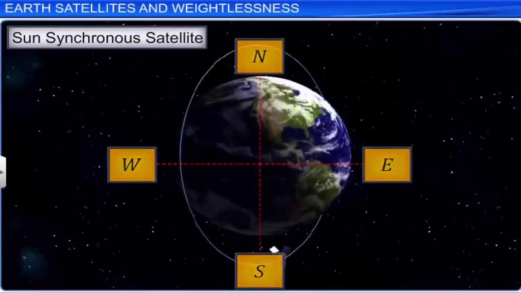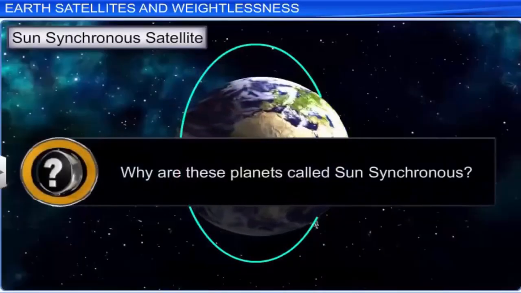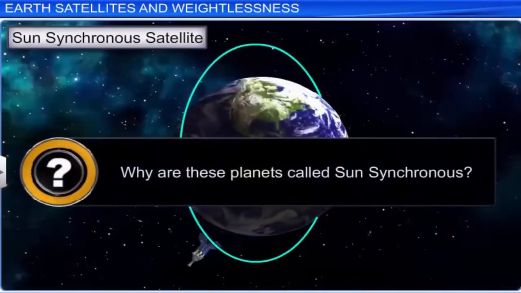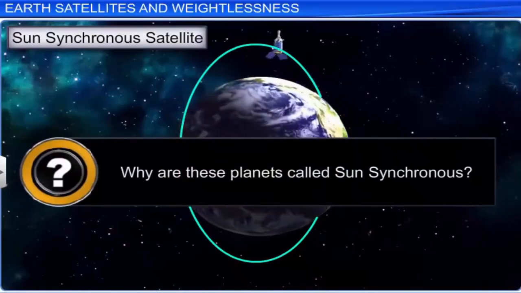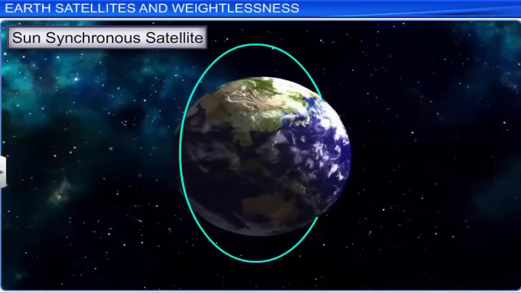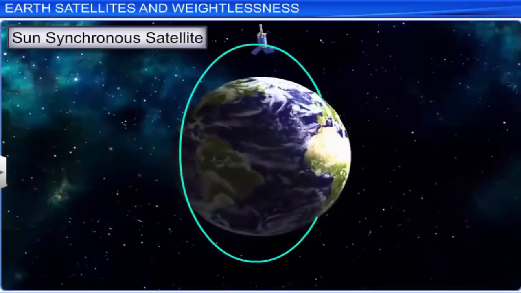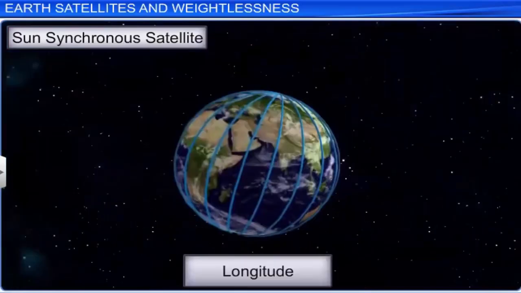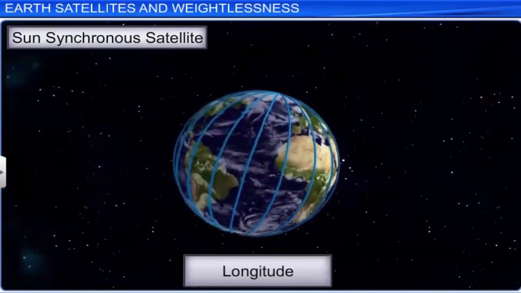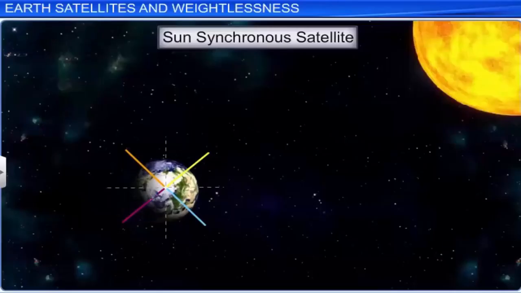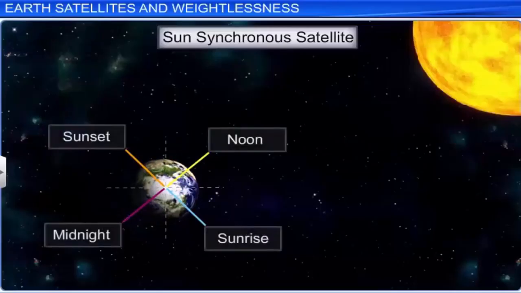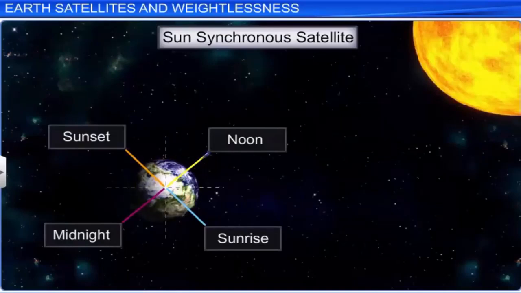Why are these satellites called sun-synchronous? As you know, the local time at a given place on the Earth depends on the longitude of the place. With the rotation of the Earth, the local time at a given place changes with the relative position of the Sun.